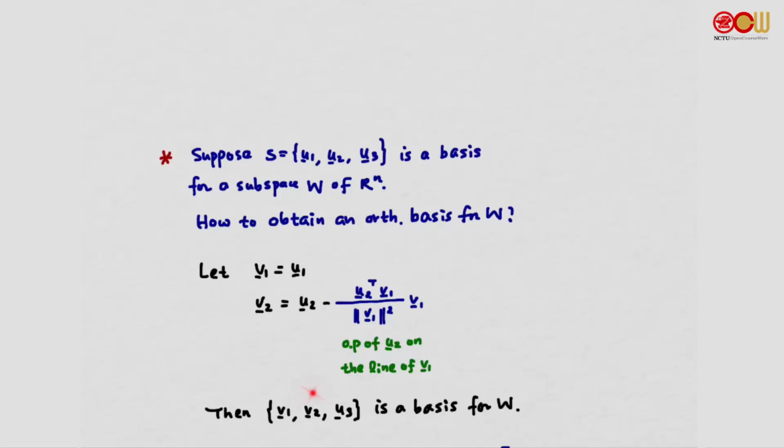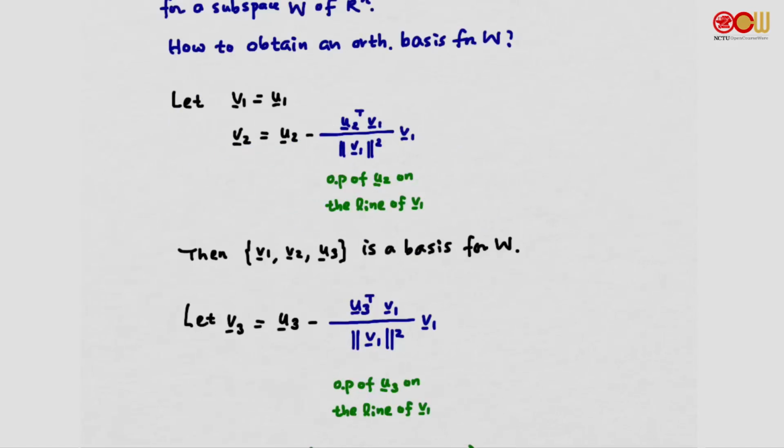Because V1 and V2 are orthogonal, but U3 is not orthogonal to V1 and V2 yet. So we need to do something about this. We want to choose the last vector so that it's orthogonal to V1 and V2.